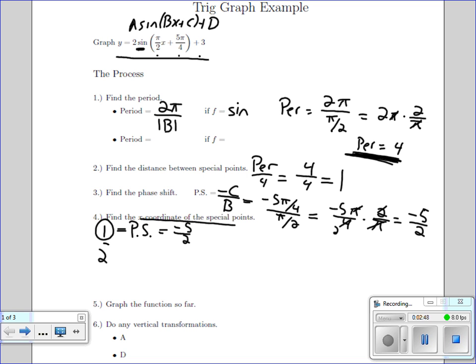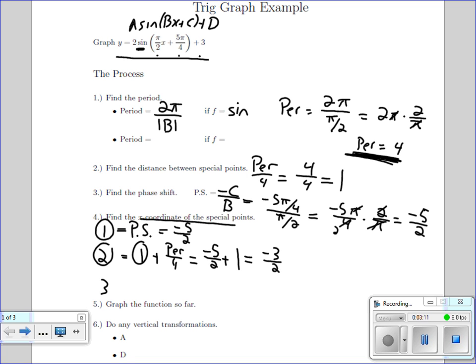Special point number 2 is point number 1 plus the period over 4, which was 1. So negative 5 halves plus 1, we wind up getting negative 3 halves.